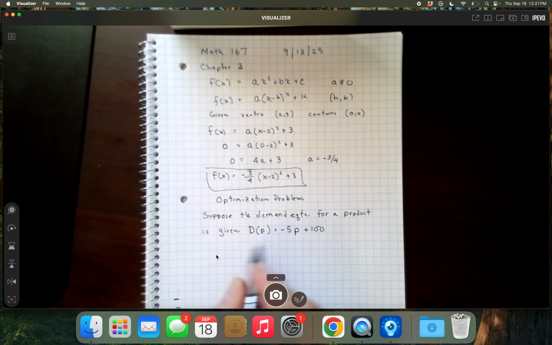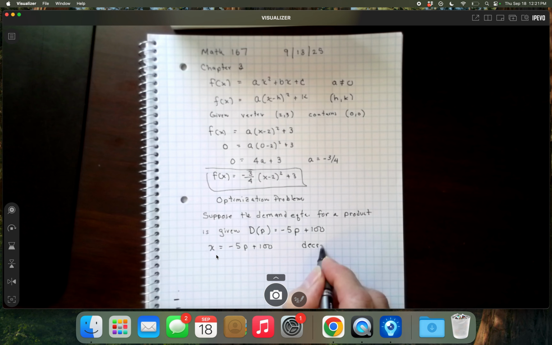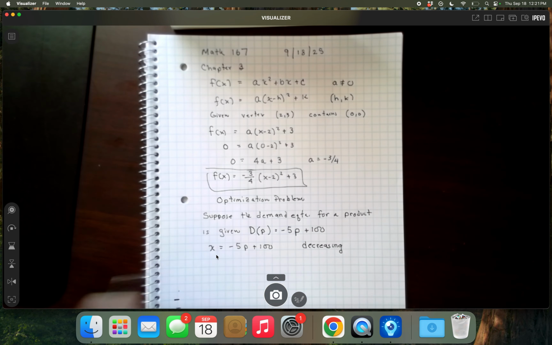So this tells you, so this is like, hey, if x is the number of items that are demanded, x is equal to minus 5 times the price plus 100. That is a linear equation, a linear model. And it is decreasing. We would expect it to be decreasing because as the price increases, the demand will decrease.